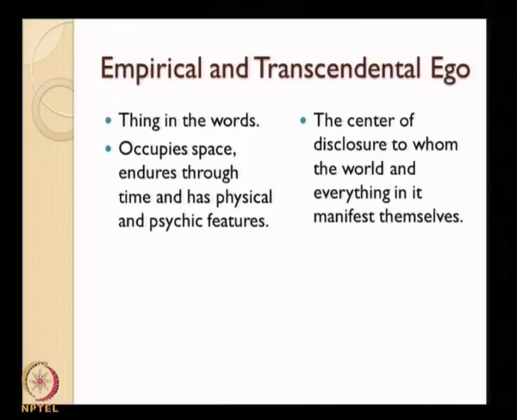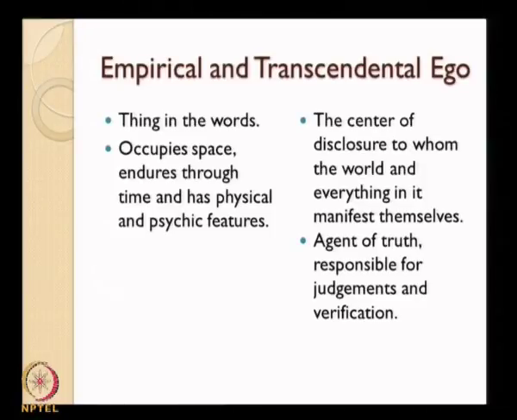On the other hand, the transcendental ego is the center of disclosure, that to which everything is given. It is at the center of disclosure to whom the world and everything in it manifest themselves. Without that the world does not exist; it is a precondition of the world, the agent of truth, responsible for judgments and verification.